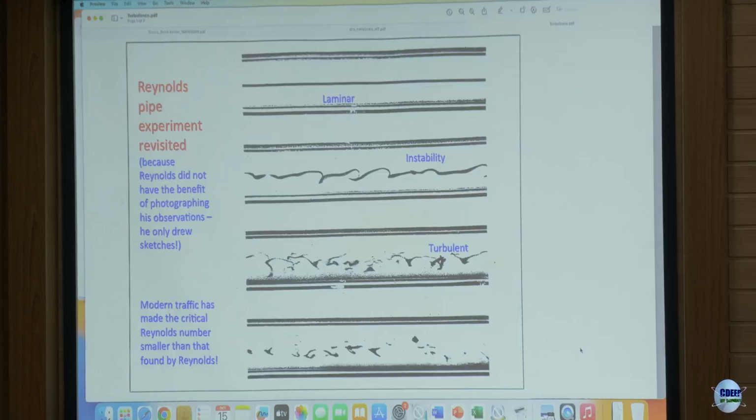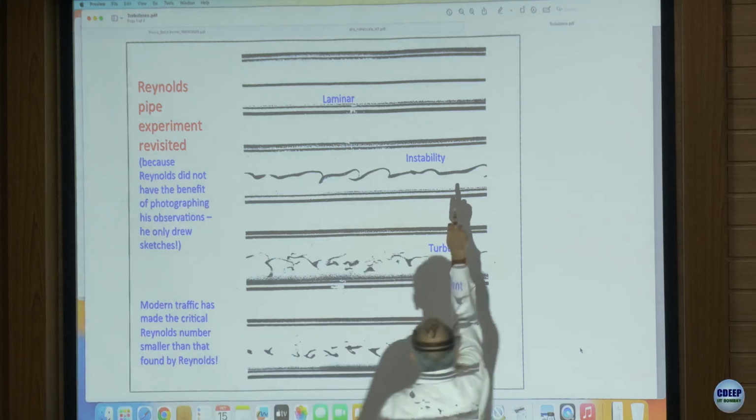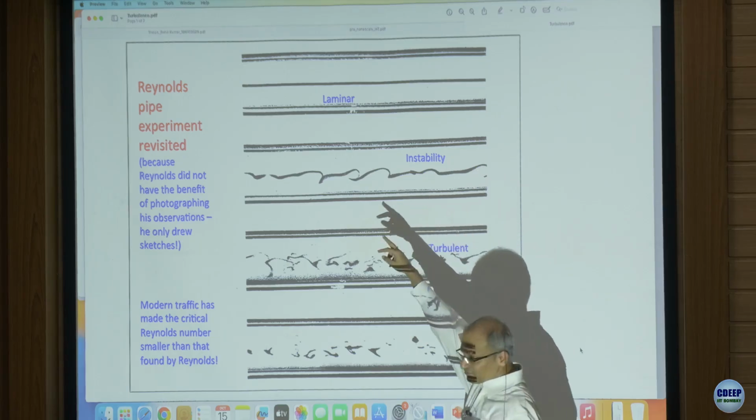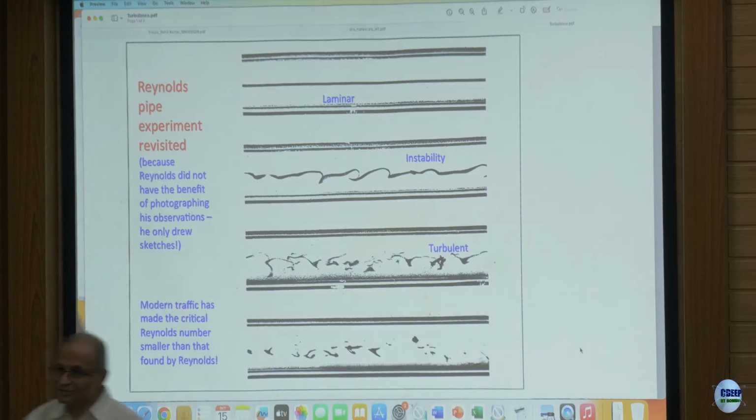So let us start off with a very simple experiment to illustrate the state of the flow. This is what is known as the Reynolds pipe experiment. You can see the walls of the pipe, these thick lines at the top and just below where laminar is written. Maybe I should point it out with a pointer here.